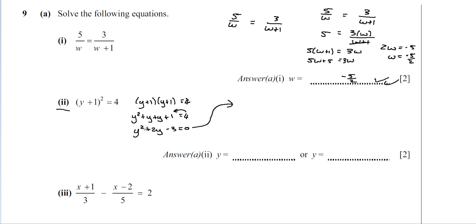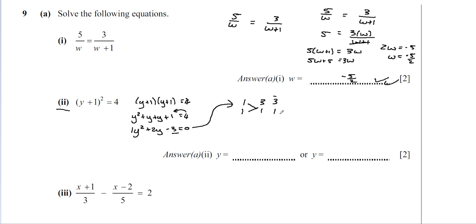Now we can factorize. This is a trinomial. If we get the factors of the number in front of the y squared, which is 1, two numbers multiplied together to make 1 could be 1 and 1. And two numbers multiplied together to make 3 could be 3 and 1. So cross multiply, 1 times 1 is 1, 1 times 3 is 3.